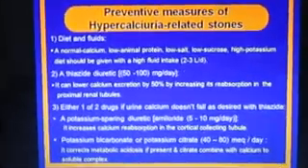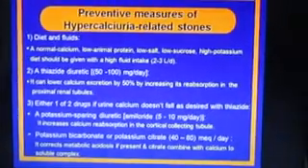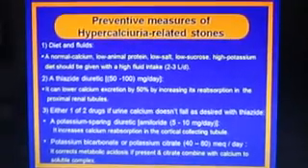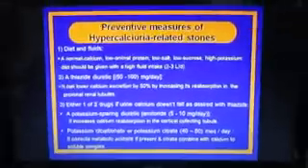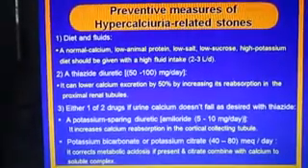And either one of them. Is it thiazides or a combination? If urine calcium doesn't fall as desired with thiazide, either a potassium sparing diuretic like amiloride from 5 to 10 milligram per day, which increases calcium reabsorption in cortical collecting tissues, or potassium bicarbonate or potassium citrate for 40 to 80 milligram per day.